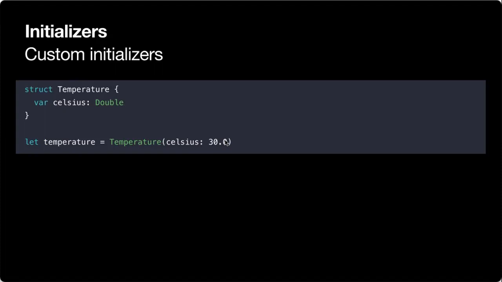So what if we want to use Fahrenheit? I don't want to create it with the Celsius value. I want to create this temperature using Fahrenheit. But I cannot use this structure as is. Why? Because I have to convert the Fahrenheit value to a Celsius value, and then we can create an instance of this structure.